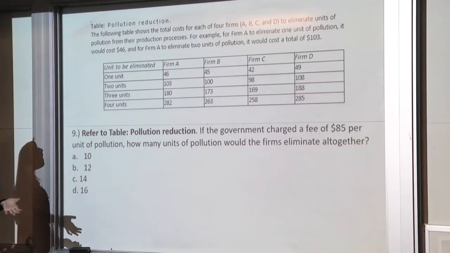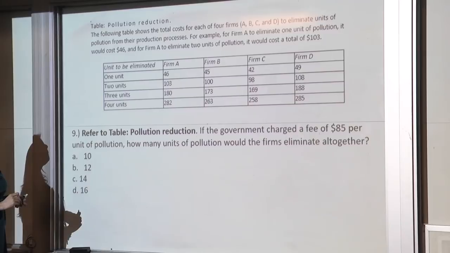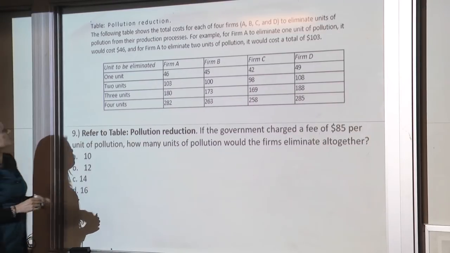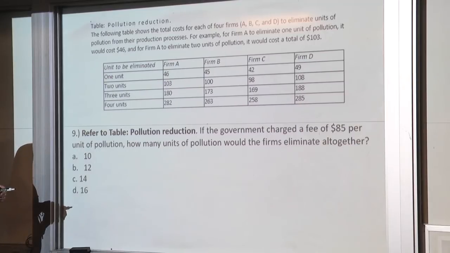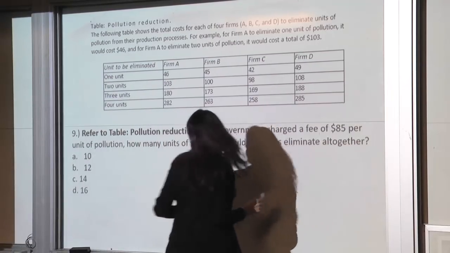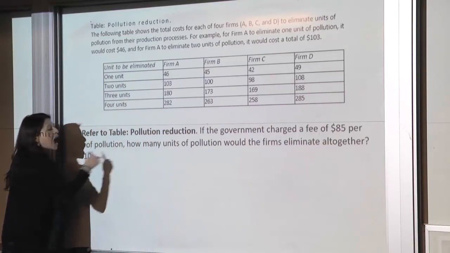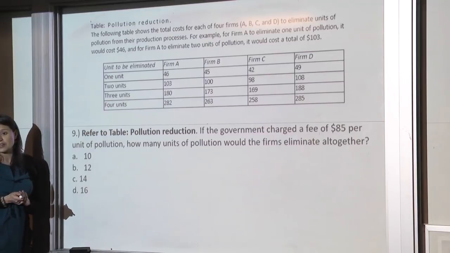For example, firm A, to eliminate 1 unit of pollution, costs $46. And for firm A to eliminate 2 units, it costs 103. Okay. So then it says if the government charged a fee of 85 per unit of pollution, how many units of pollution would the firms eliminate altogether?